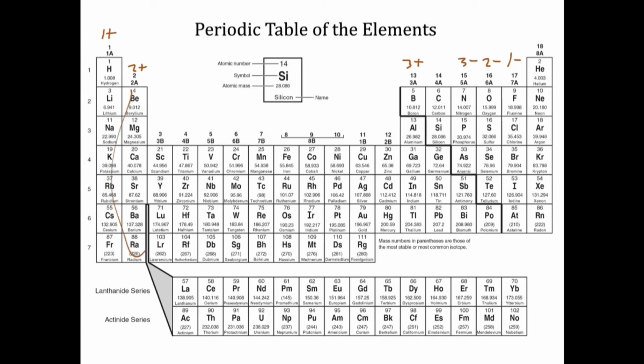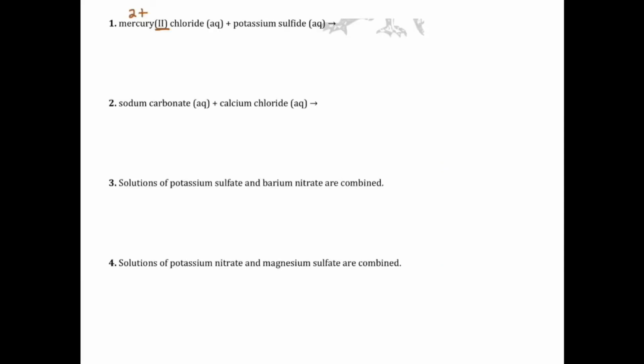So everything in this column makes a 2 positive. Everything in this column makes a 1 positive. And then all of these here, just a quick reminder, require Roman numerals, because they make multiple charges. And so when you see something like mercury 2, that means the mercury is making a 2 positive.